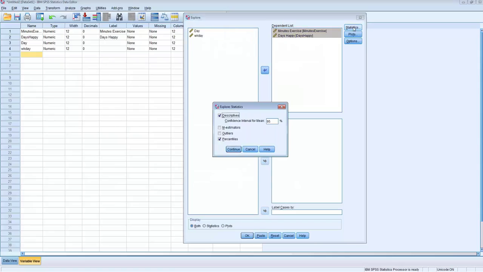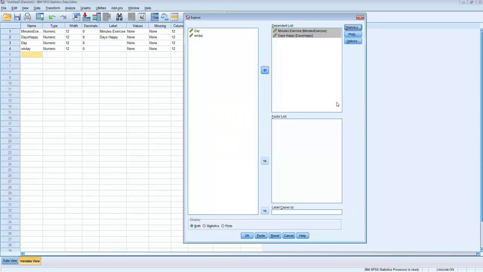As I click on statistics here, I'm interested in descriptive statistics, and I'm interested in percentiles because we've already worked with the quartiles, and percentiles will actually give us a measure of the distribution of the data by quartiles, actually by more than quartiles, but you can make a decision about the quartiles within the distribution as the output emerges.